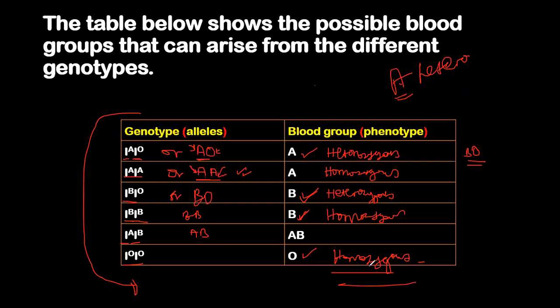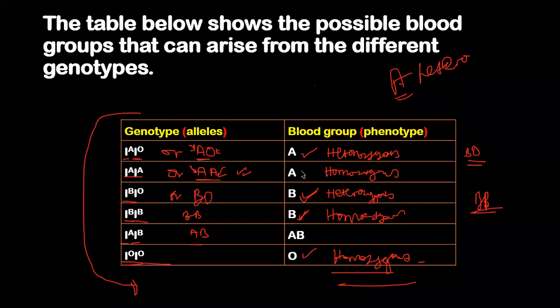And for it to become blood group B, you must have B, so he's going to be capital B. As simple as that. Then if you have AB, you are blood group AB. And if you have O, then you are blood group O.